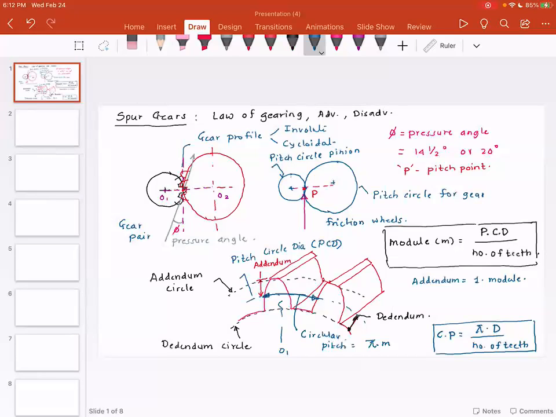Now, please understand, dedendum of one gear meshes with the addendum of the meshing gear. So which means dedendum will be addendum plus clearance.